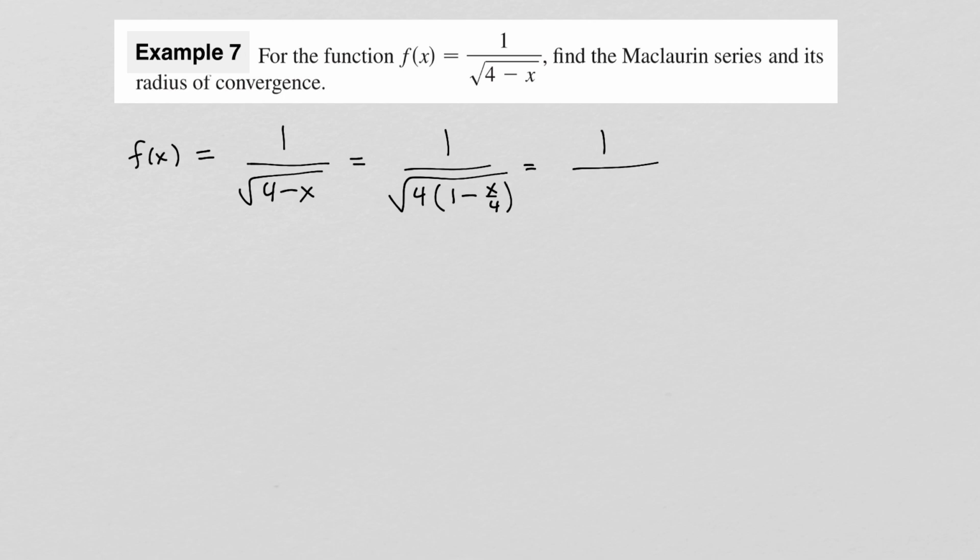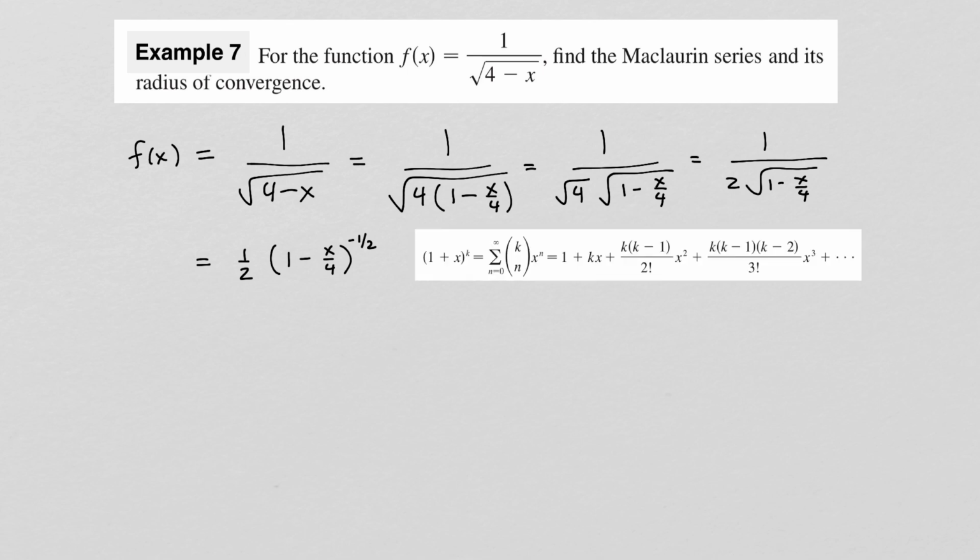And then we can separate the radical into the square root of 4 and the square root of 1 minus x over 4. And the square root of 4 is 2. And so we can think of this as 1/2 times 1 minus x over 4 to the negative 1/2.